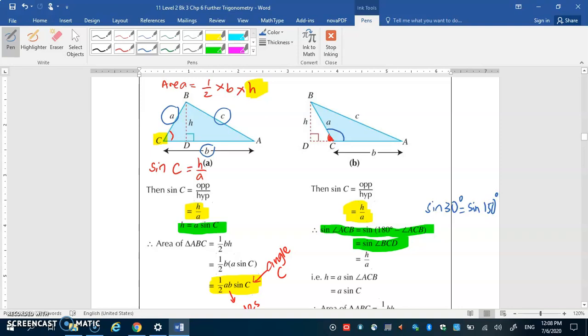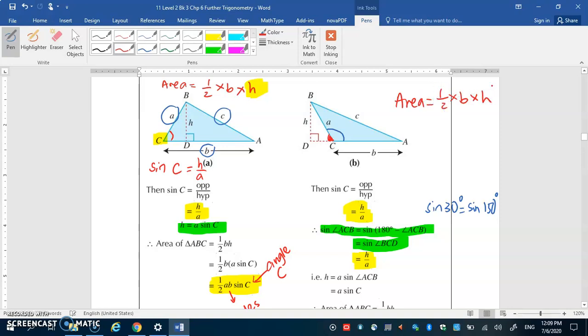So basically we can say that the sine of angle ACB is still H over A, because the sine of the red angle we found was H over A, so the sine of the blue angle will also be H over A. If I were to find the area of this triangle, recall that the area is half times base times perpendicular height.